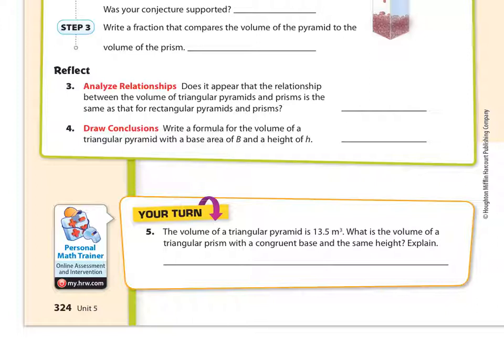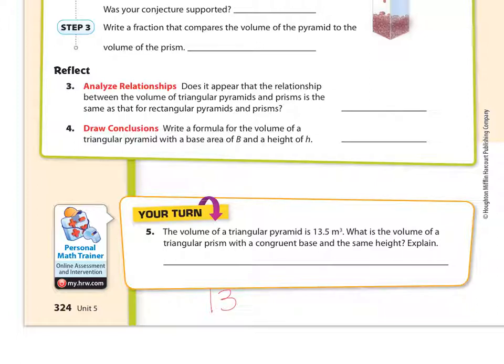So just like the rectangular prism and the triangular prism, the formula for a pyramid is basically the same again. Once you know the volume of the prism, you would just divide it by 3 to get the pyramid, because again it's cutting out 2/3 of the prism and leaving you with 1/3 of it. So in your turn number 5, where it says the volume of the pyramid is 13.5, what is the volume of the prism?